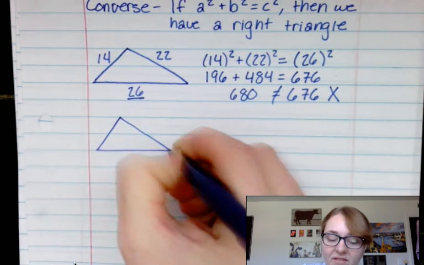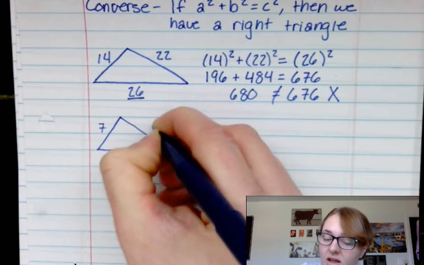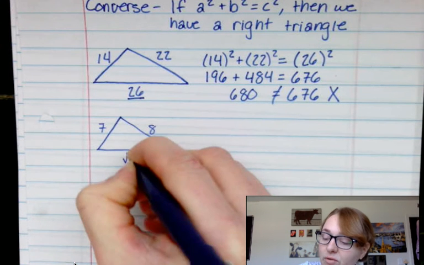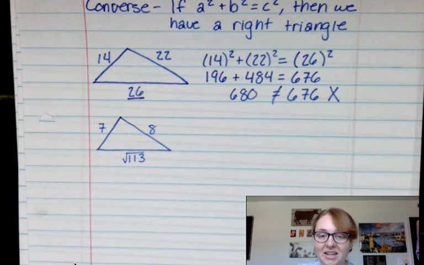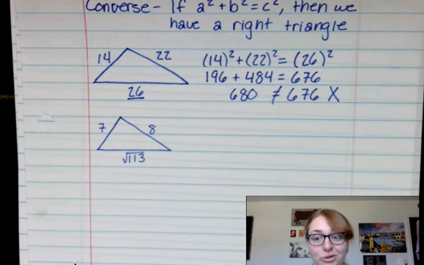All right, let's do another one. This one, we have the lengths of 7, 8, and the square root of 113. Now with the last one, it was really easy to determine what our hypotenuse was, that 26, because we saw that 26 was greater than 22 and 14. But with this one, I don't know what the square root of 113 is off the top of my head.